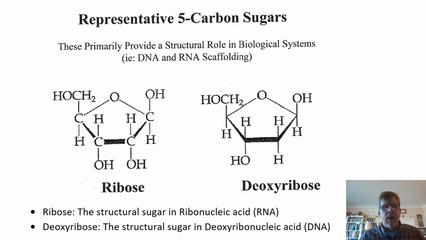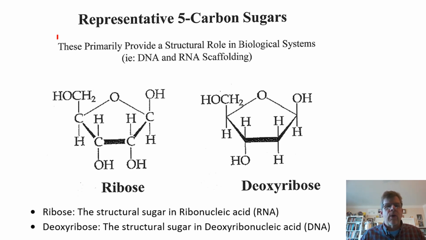If we look at the structure on the left, for instance, I count 1, 2, 3, 4, 5 carbons. So that's the first thing we're going to be doing in these cases: counting carbons. To explain some of the salient features, remember our 6-carbon sugars played a nutritional role. The 5-carbon sugars play a structural role.